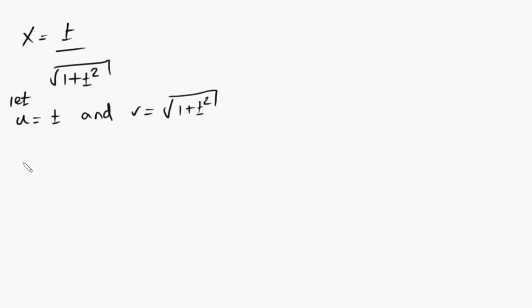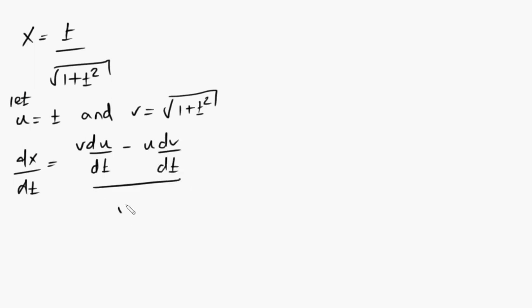So now if I use the quotient rule, my dx dt is just gonna be equal to v du dt minus u dv dt, over v squared. So u is equal to t. So du dt now is just going to be equal to what? To 1. If I differentiate this, I just get 1. So my v now is equal to the square root of 1 plus t squared.